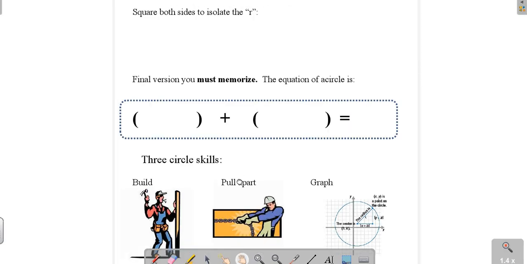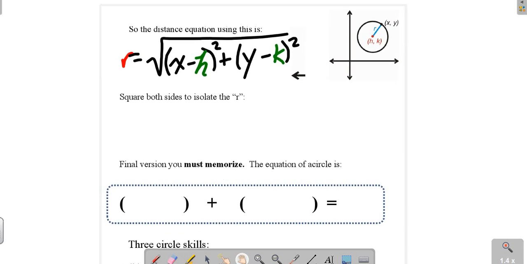Now, one last step in building a circle equation. Generally, we don't like giant square roots in our equations when we're dealing with conic sections. It gets confusing. So the opposite of square rooting is squaring. So we square both sides.